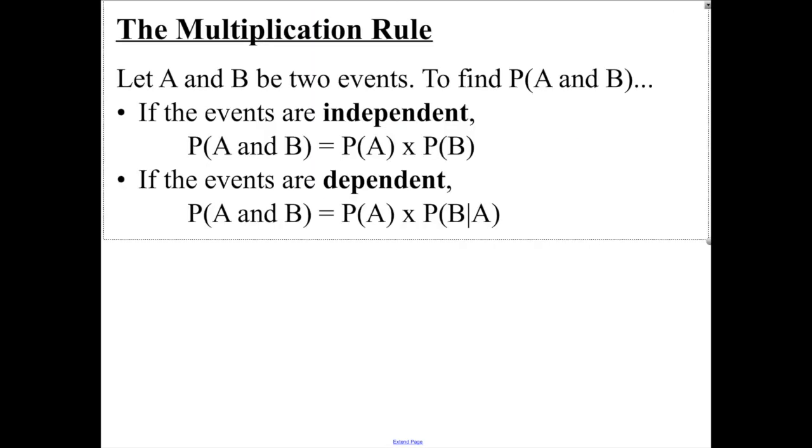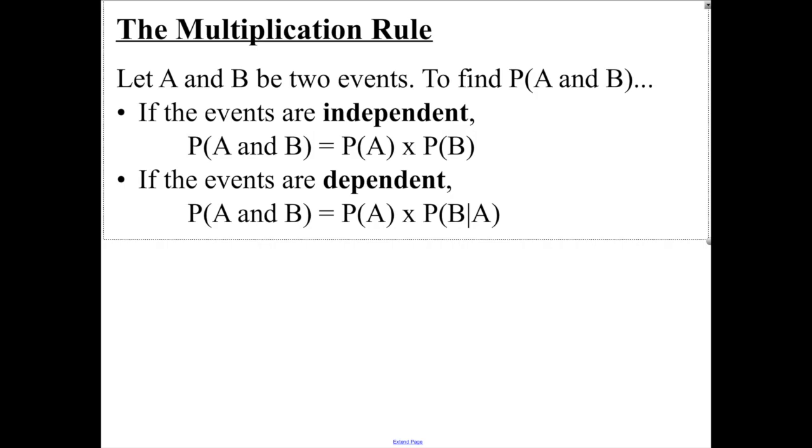So folks, here's what it comes down to. Here's kind of like the big enchilada, so to speak. This is what we call the multiplication rule. The multiplication rule tells us the probability that 2, and actually this extends beyond 2, so actually 2 or more. But let's start with 2.